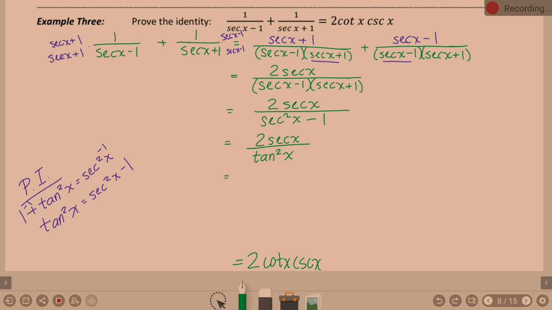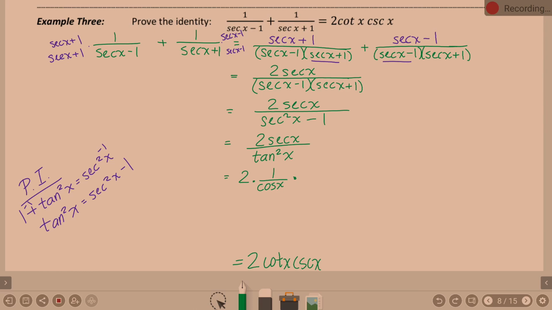So 2 is 2. I'm just even going to put the 2 out front. What do we know about secant? Secant is 1 over cosine x, right? Tangent squared is sine squared over cosine squared, right?